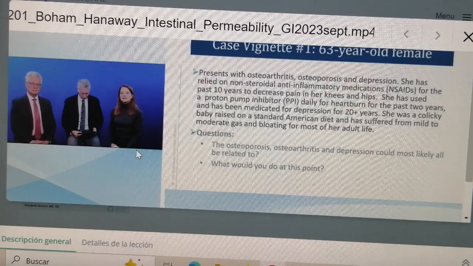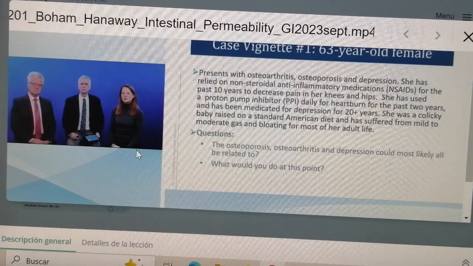And that's where I think the comprehensive elimination diet can be really powerful here. That can help with lowering inflammation. I think it can also help with getting her off of some of these medications that could be making the situation worse. And we have a good handout with IFM in terms of how to wean people off of their PPIs. So that's probably where I would start.